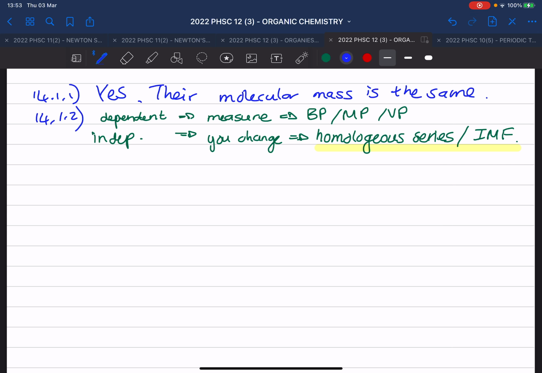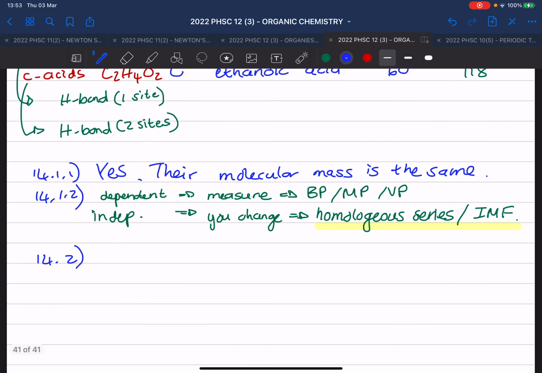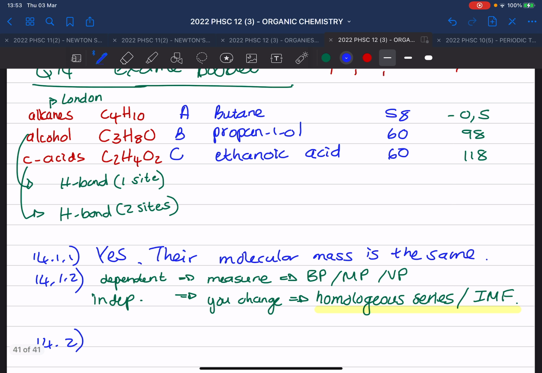All right, then question 14.2 they ask, which one of the compounds, A, B, C, has the highest vapor pressure? Give a reason for your answer. Which one will it be? Butane. Why butane? It has the weakest intermolecular forces. It has London intermolecular forces.